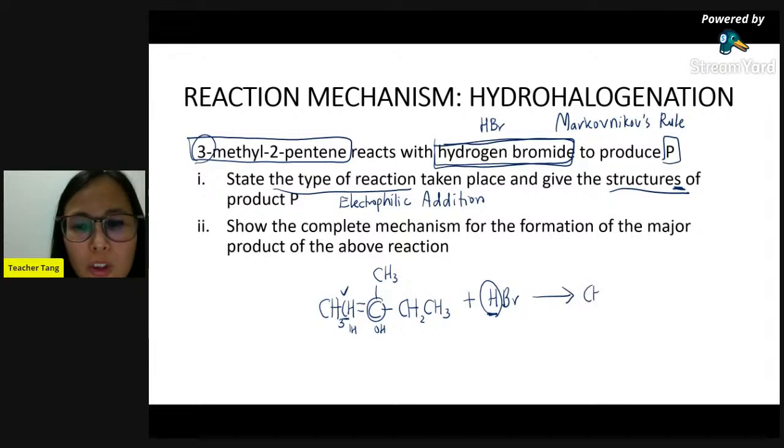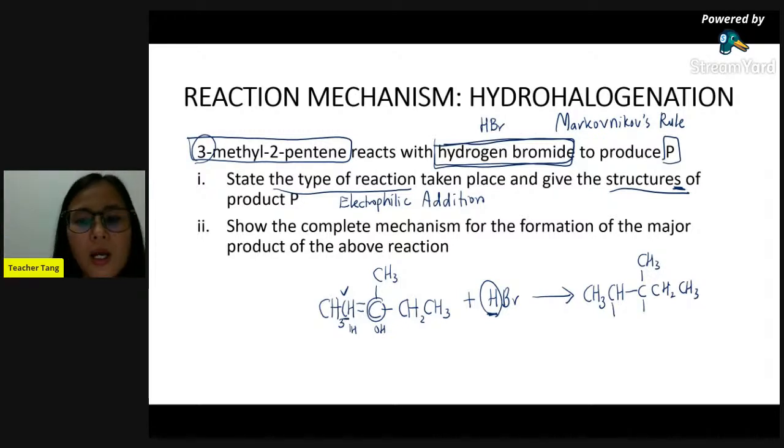So shall we draw the product? So again, double bond need to become single bond. Okay, so according to Markovnikov, here must be your hydrogen, okay, and then your Br must be here.